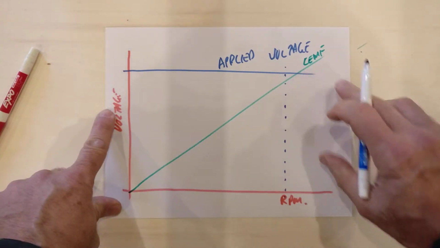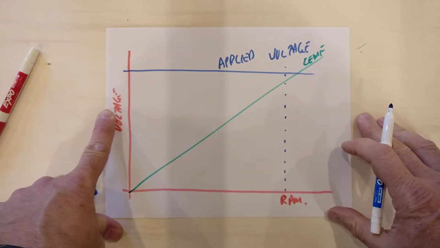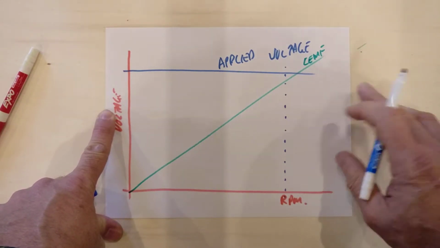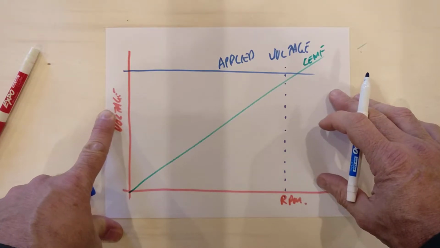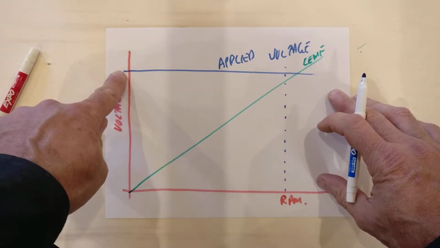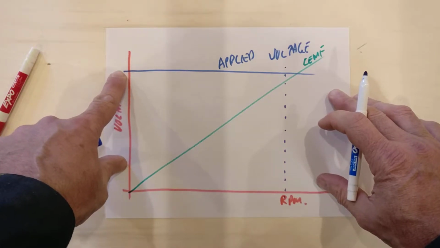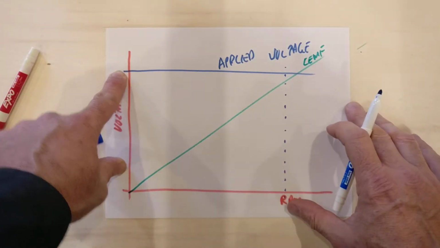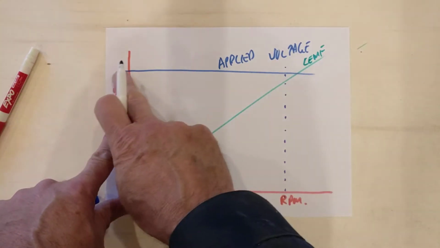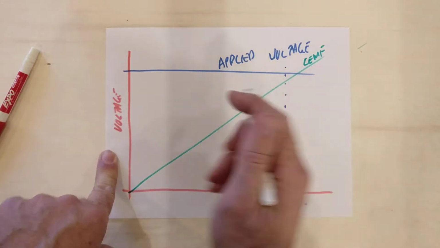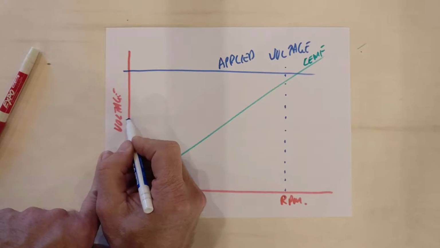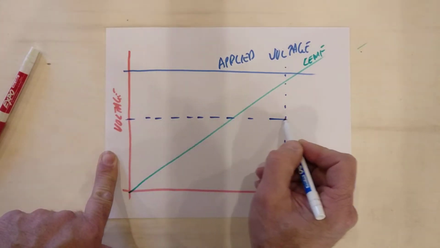Now, the way we underspeed a motor or slow a motor down to less than its nameplate value is we reduce the applied voltage to the armature. The reason this motor will slow down when I reduce the armature voltage is because I'm taking this voltage here and reducing it. And so let's say I reduced it to here somewhere.